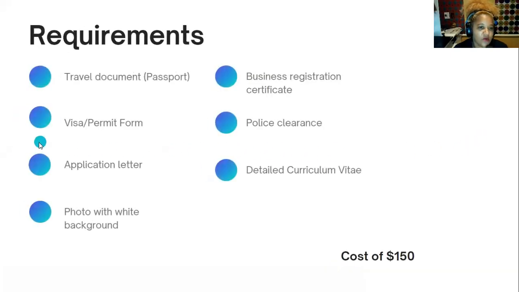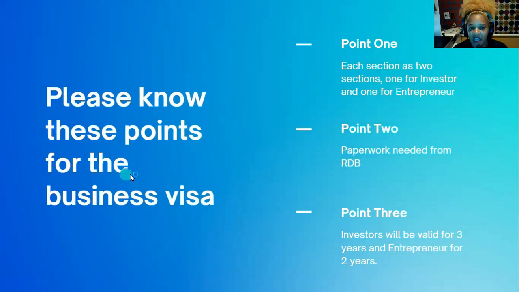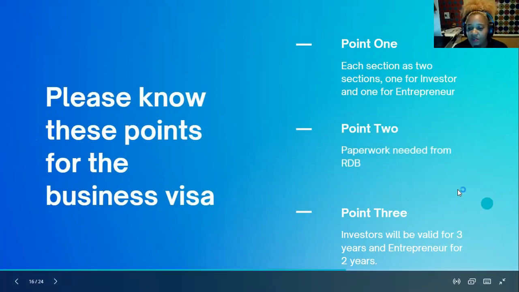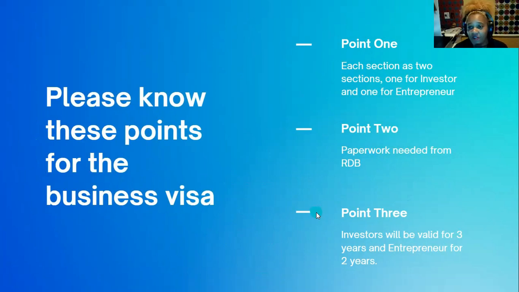And let me make sure I didn't give you a slide on this one. I'm going to go back because one of the things that happens with the business visa, I know for sure, is that when you first apply for your business visa, they validate you for 6 months because they're giving you a chance to get your business off the ground. So they don't give it to you for the full 2 years immediately, they give it to you for 6 months.